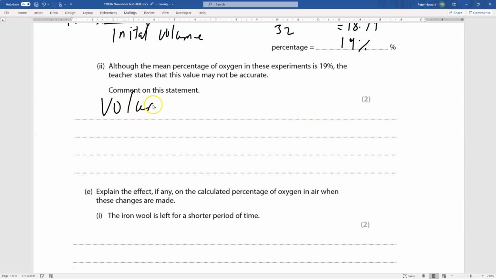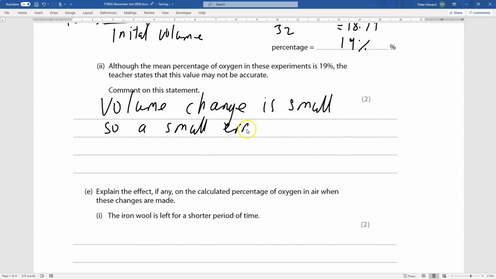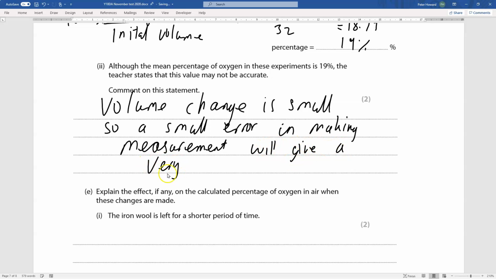So the volume change is small, and so a small error in making a measurement will give a very different value or percentage of oxygen in the air.